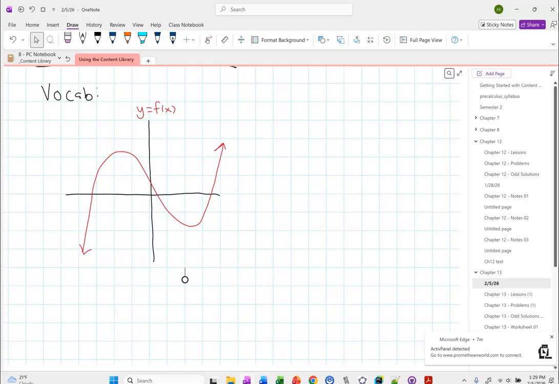The first one would be the zeros, which is kind of the same thing as an x-intercept. So if I look at my graph, I'd see like 3 zeros on my graph. Everybody okay with that idea?